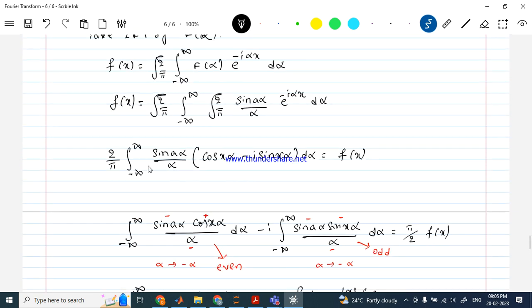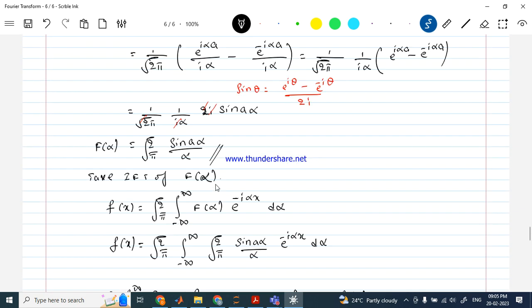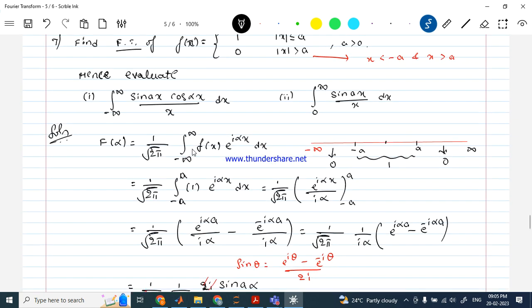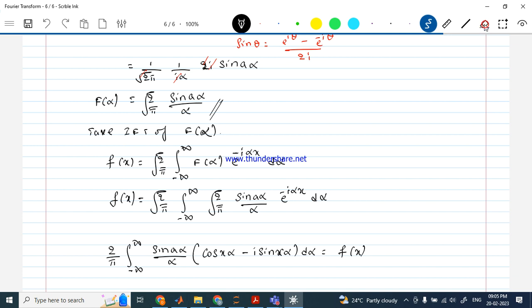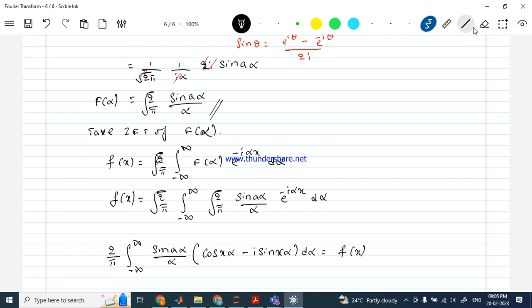Just wait a minute. Do we have 2 by pi here? Square root of 2 by pi, that is right. And we take the inverse Fourier transform. Oh, I'm sorry, this is where we have gone wrong. This time nobody thought about this.